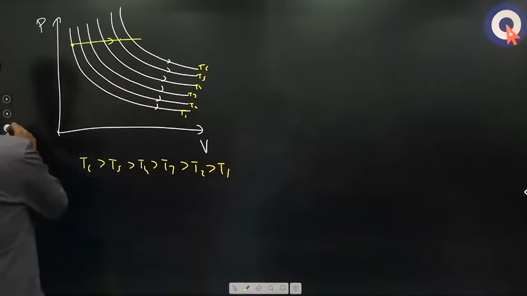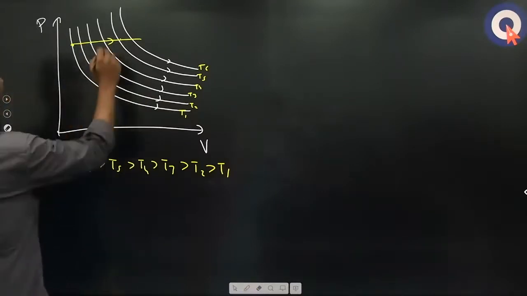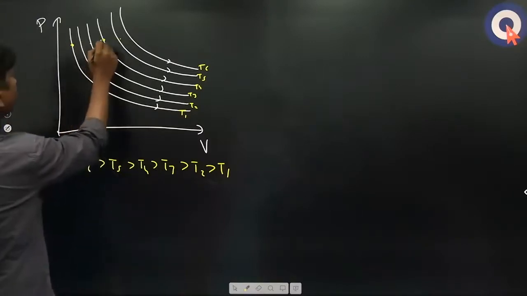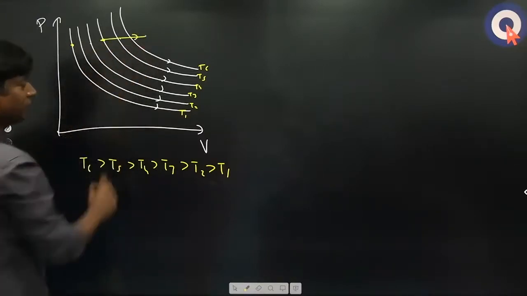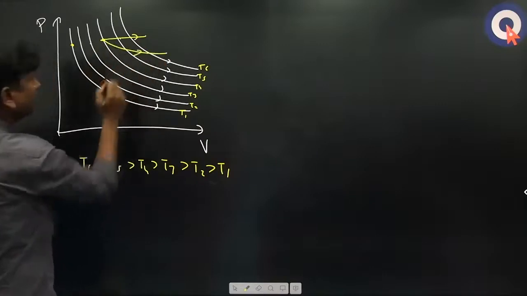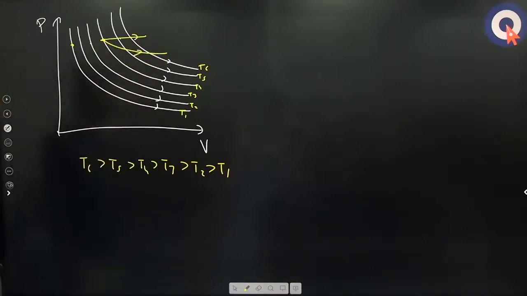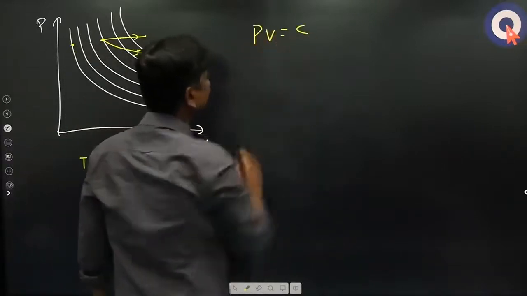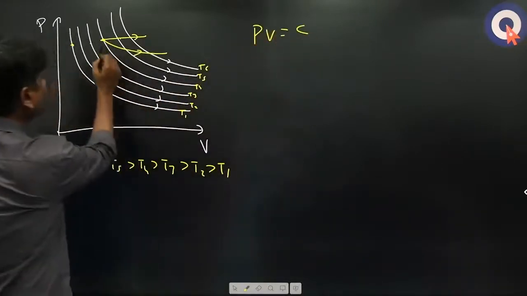Suppose you are here, and you go like this, of course temperature will increase. Even if you are going like this, temperature is increasing. Because for the isothermal line, PV is equal to constant.